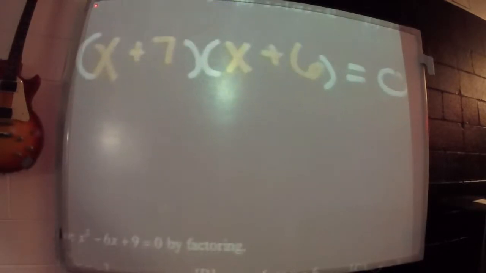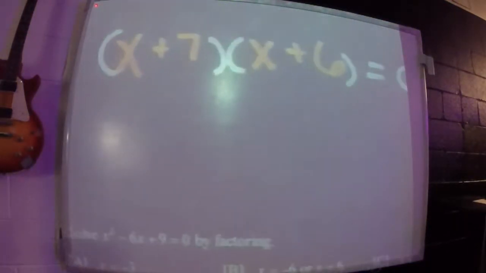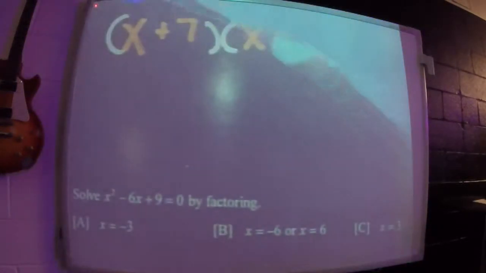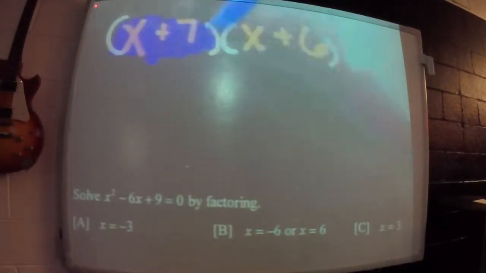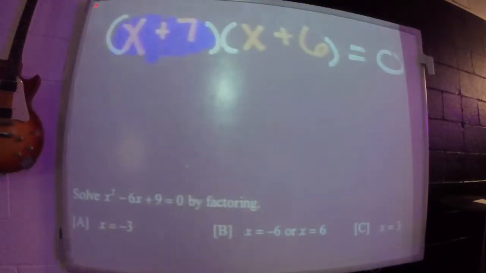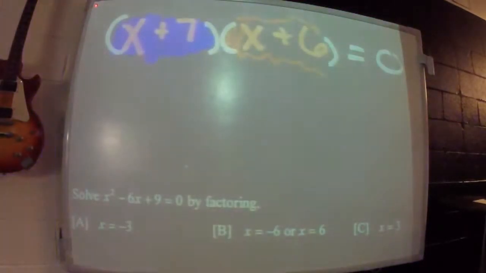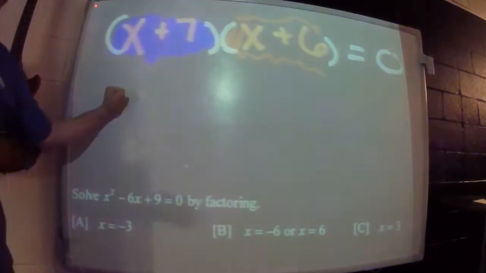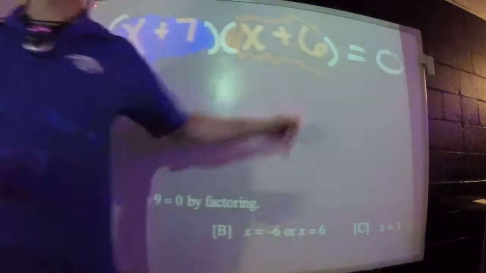Now that I have unfoiled it into these binomials, I've got the first binomial times the second binomial equals 0. Since that product equals 0, what I'm going to do is set this equal to 0, and then set this equal to 0.